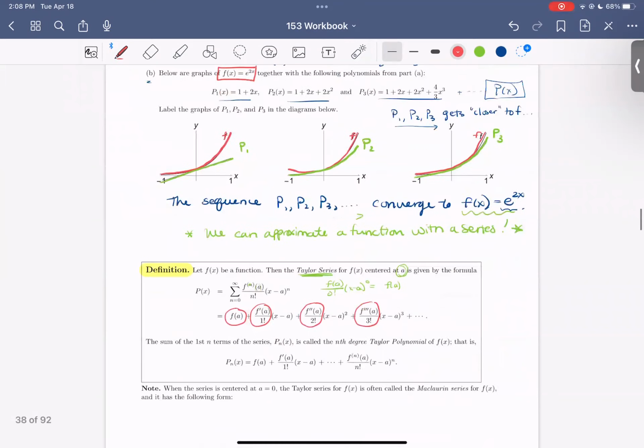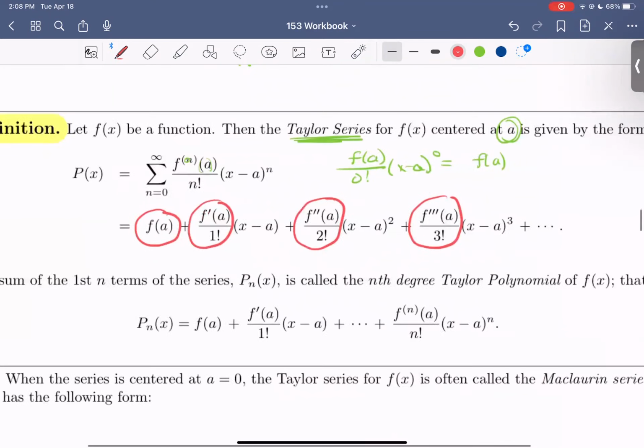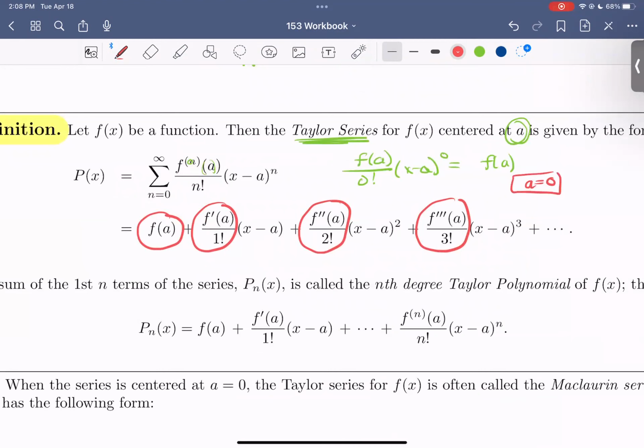So that's exactly what we did, but we were just using a equals 0. So we were looking at C0 is f of a, C1 is f prime of a divided by 1 factorial, etc. So we've seen these coefficients before. What we did in part A works in general.